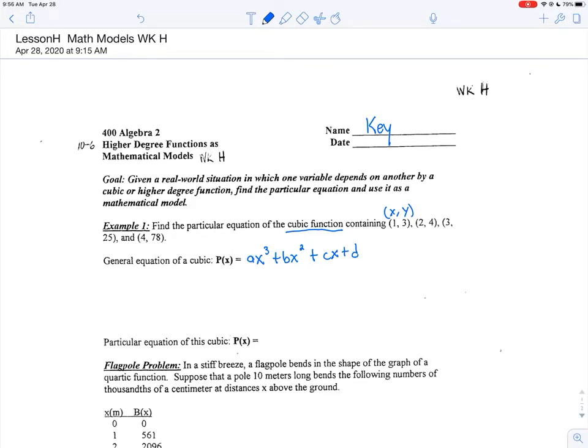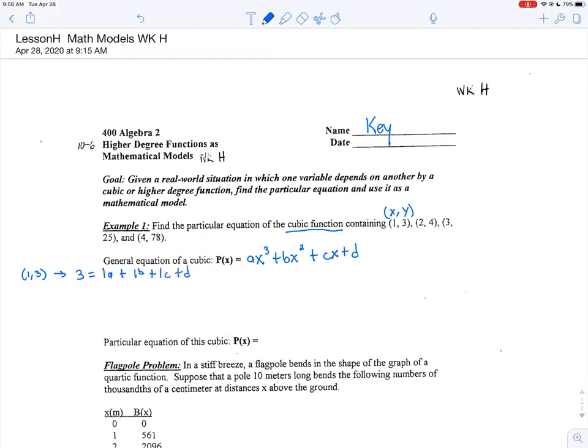We're going to take that xy and plug it into our general equation. So if we start with (1, 3) and plug that in, we would have y equals, so p of x, that's our y value, 3 equals, and then anywhere that we see an x value, we're plugging in 1. So a times 1 to the third, we would just have 1a plus 1b plus 1c plus d.